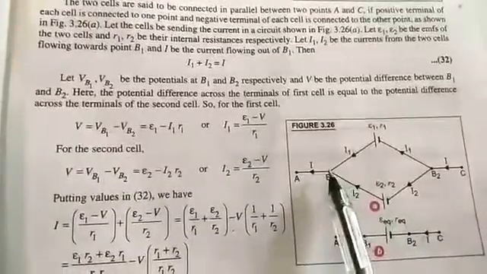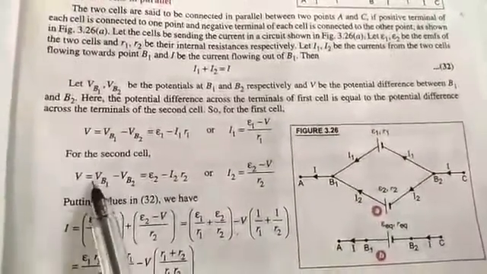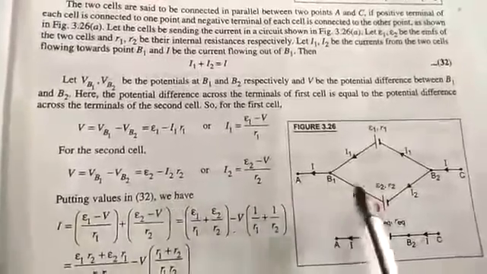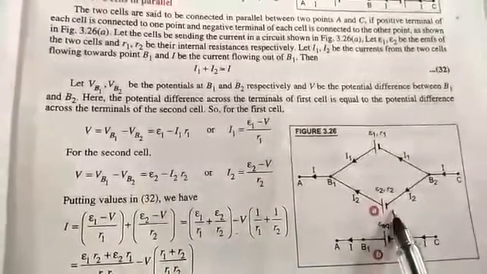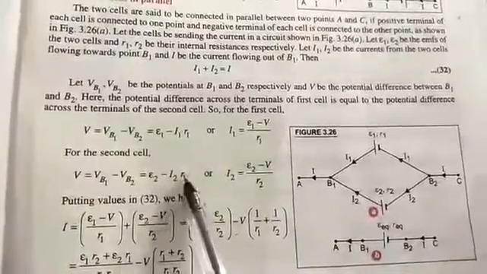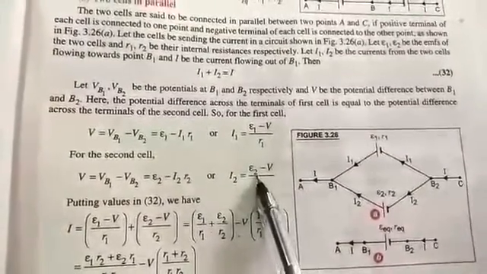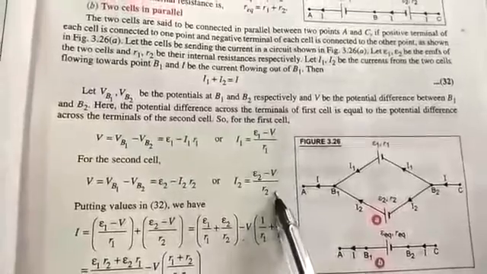Similarly, the same potential difference V is the terminal potential difference across the second cell, that is E2 minus I2R2. In this way, I2 comes out to be E2 minus V upon R2.